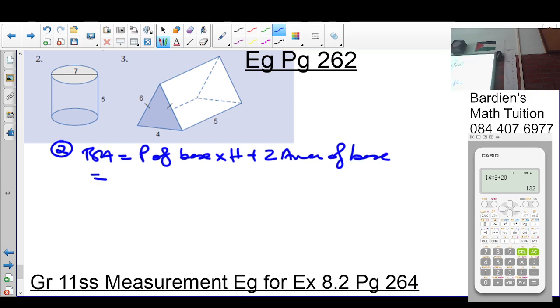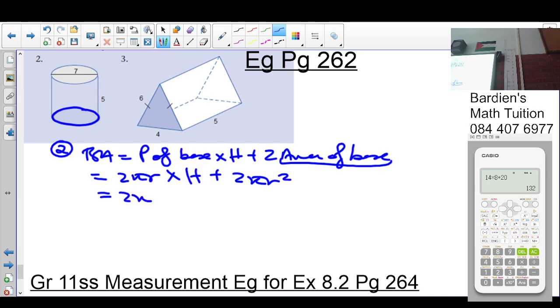So what type of shape is this base? A circular base. How do you calculate the perimeter of a circle? 2 pi r times the height of this object plus twice the area of the base. How do you calculate the area of a circle? Pi r squared. So it's going to be 2 pi. What's my radius? Remember this diameter is 7, so the radius is going to be 3.5.